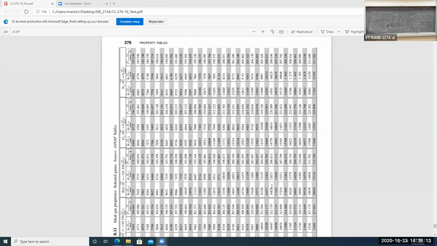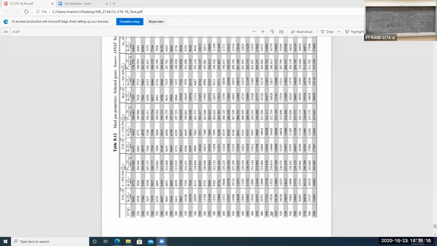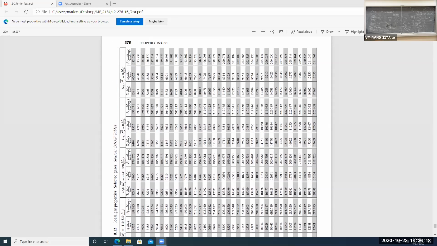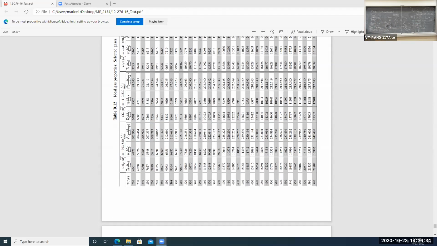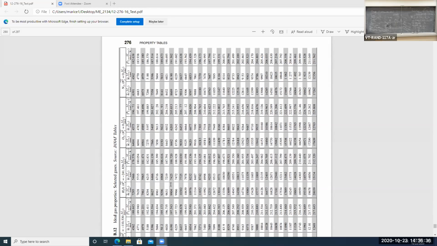The specific enthalpy at 500 for the H2O is 16,828, minus at the reference 9904.